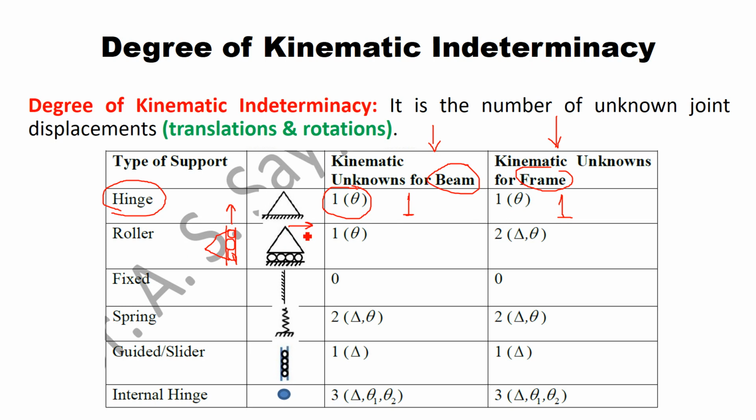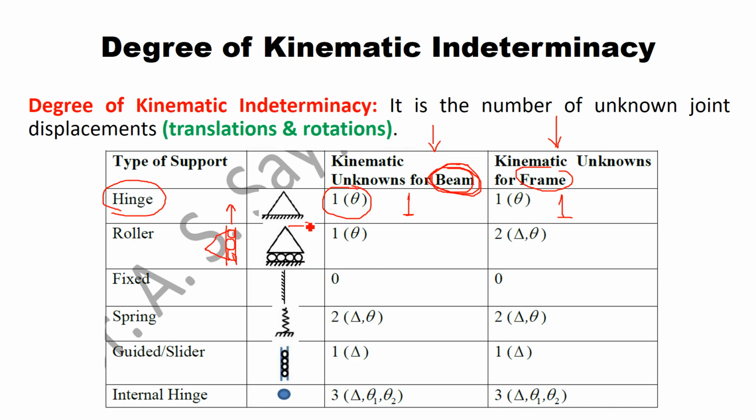It means one displacement is allowed and one rotation. This roller support is also subjected to rotation. But when roller support is provided for a beam, we know that a beam is a horizontal member subjected to vertical forces. Therefore, a beam is never subjected to horizontal displacement.